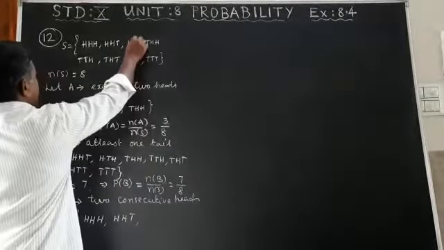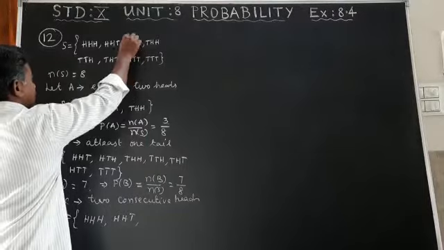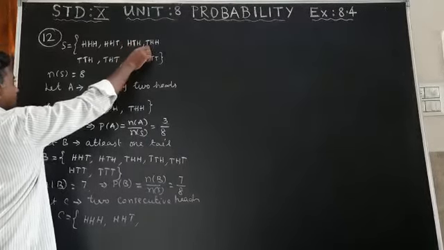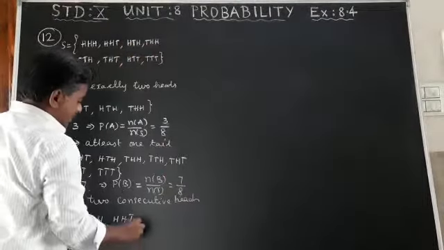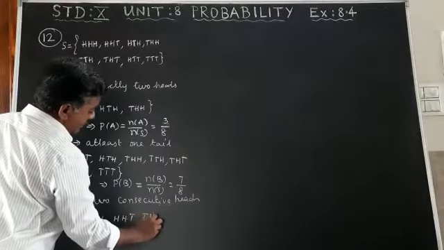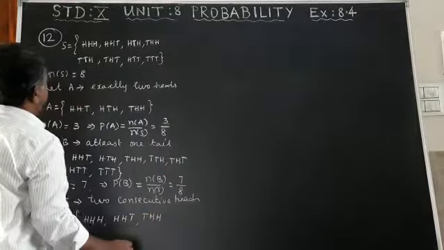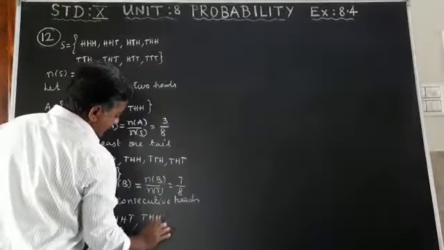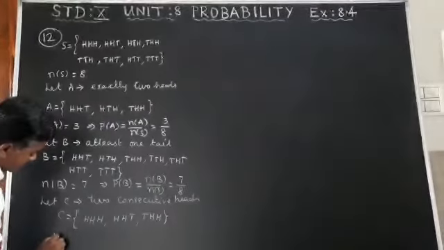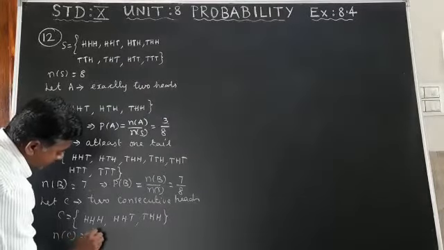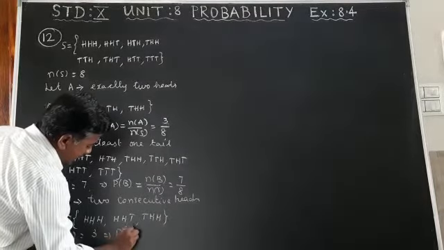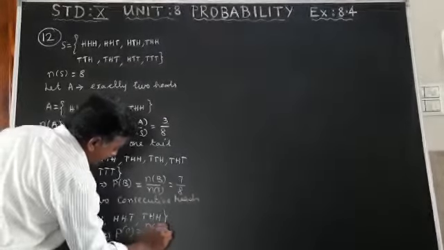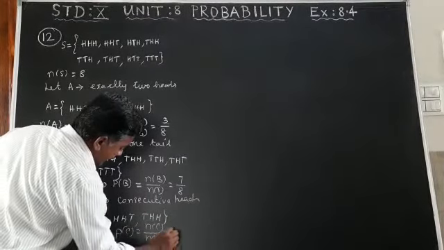HTH, no consecutive heads; two heads are there, but not consecutive. THH, consecutive heads are there. The others have one head or no heads. So n of C is equal to 3. This implies P of C is equal to n of C by n of S, 3 by 8.